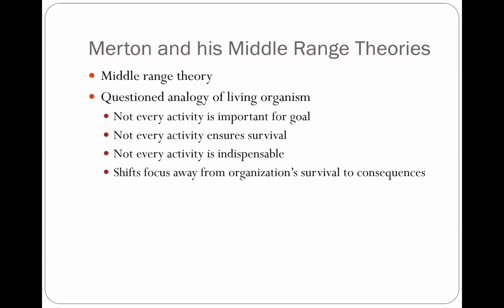So Merton makes the argument that public policies and public organizations will remain in existence as long as the net consequences of these policies and organizations remain positive. As long as the organizations are having a net positive consequence on beneficiaries, on citizens, on consumers, those organizations are going to remain.